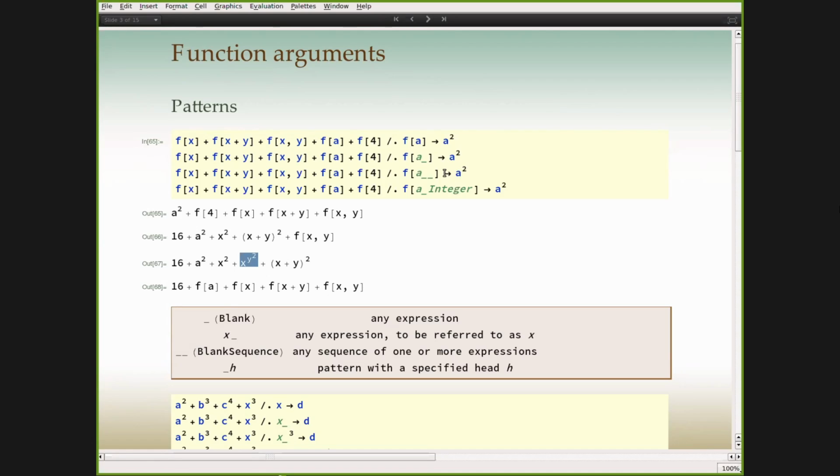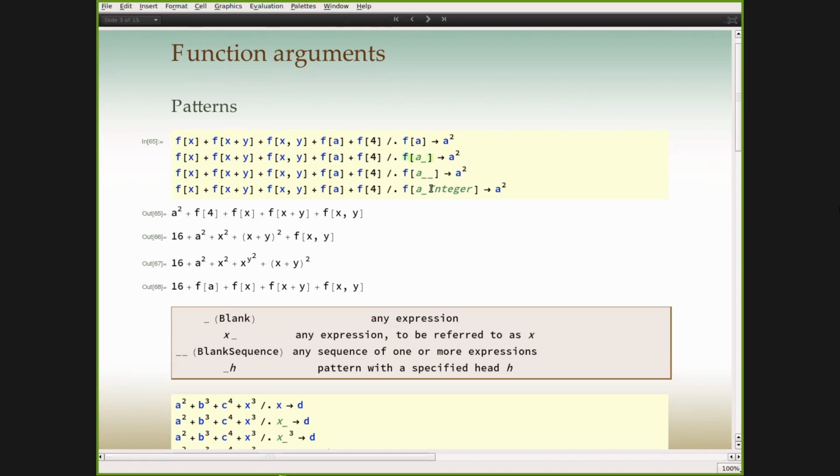Okay, so one more thing which I can add here, I can specify the type of this expression which is here. If you put just name and underscore, that will be an expression of any type.